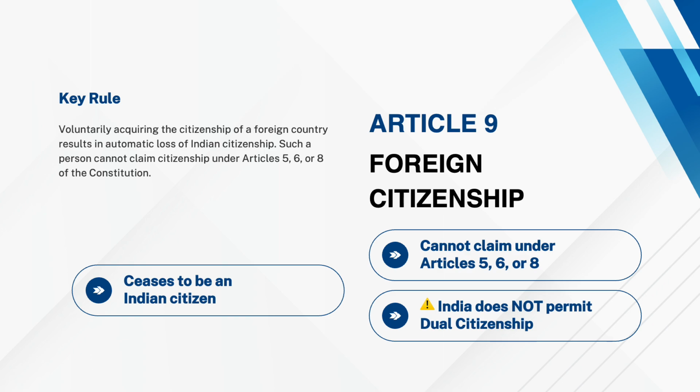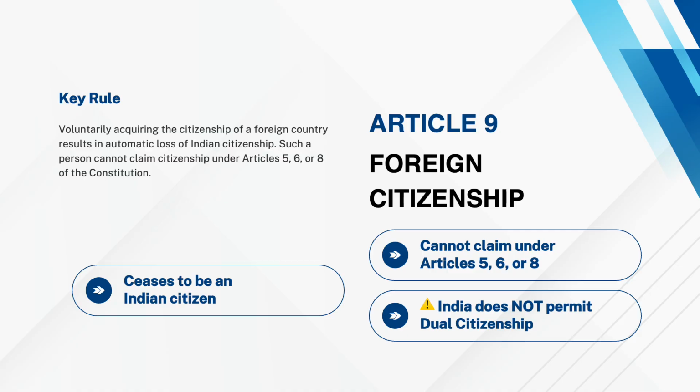These three, none of these three can claim citizenship if they already have citizenship of another country. Okay, that's the rule. Article 9 is very simple. It talks about foreign citizenship. If you have foreign citizenship, you are not an Indian citizen, you cannot be an Indian citizen. Why? The last point, India does not permit dual citizenship.